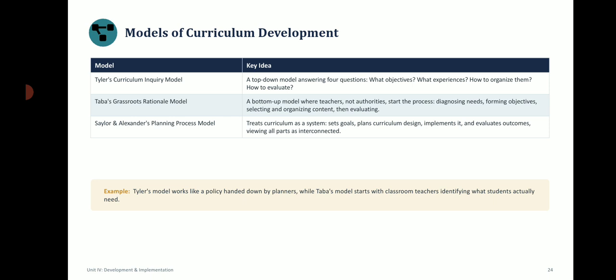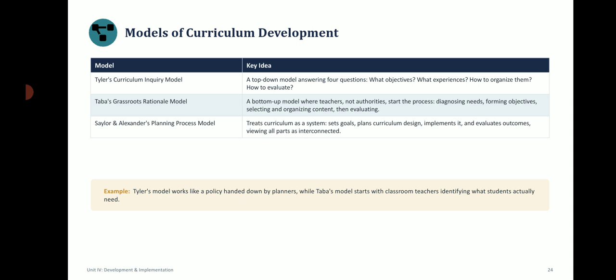So remember: diagnosing needs, forming objectives, selecting and organizing content, then evaluating. They directly go to the evaluating. We did have the middle 2 phases, learning experience and finally sequence, but they skip that and, after organizing, go directly to evaluating. So this is Taba's model.